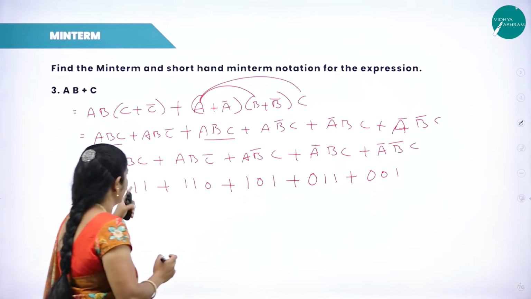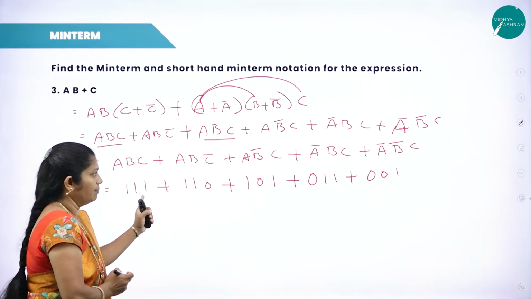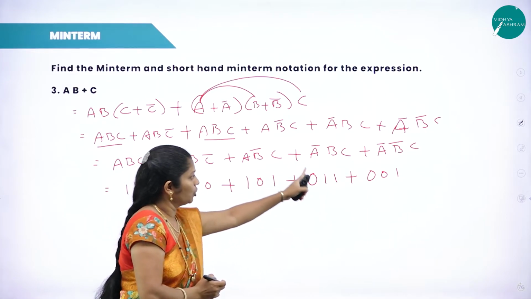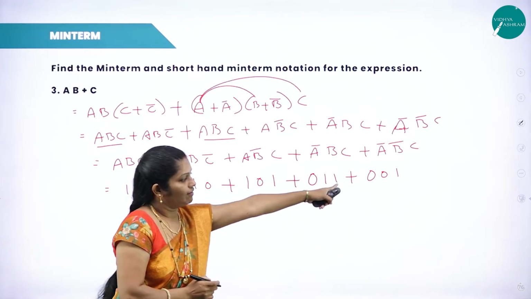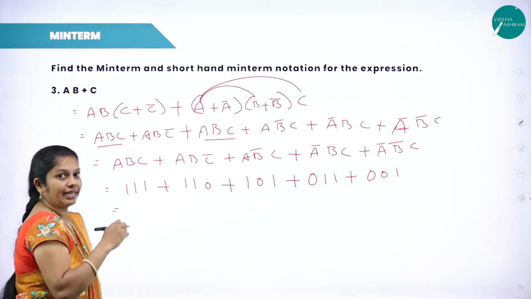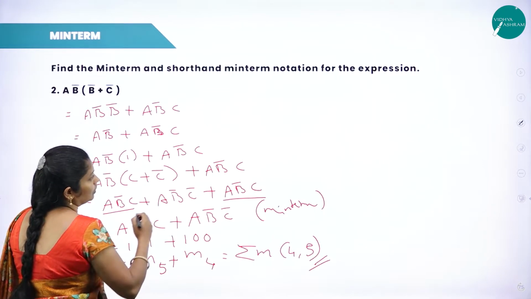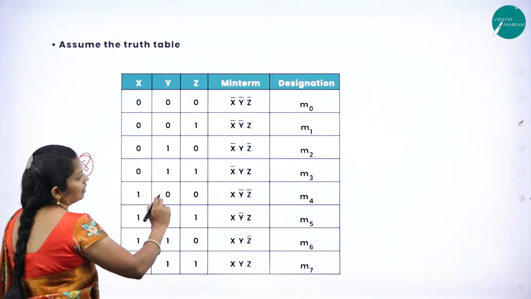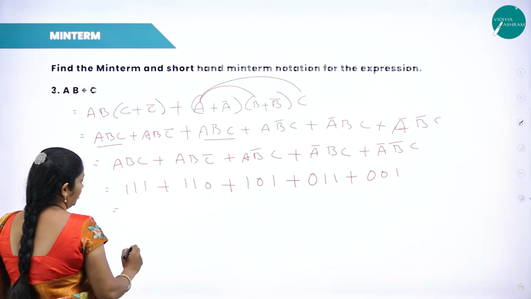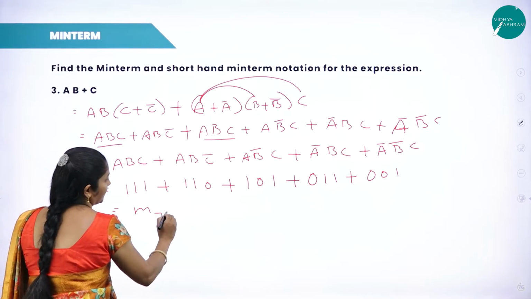See, just replacing. Where there is no bar, it is 1. Triple 1. Only for the last one, where there is a bar, the first two are zeros, and the last is 1. Now, find the designation. When you have 3 times 1, what is the value? See the designation here. When you have 3 times 1, that is M7. Write down M7.